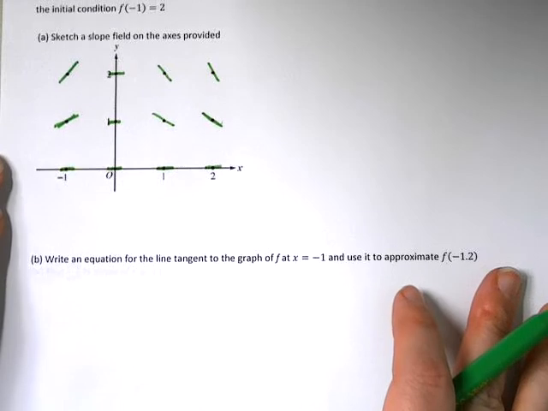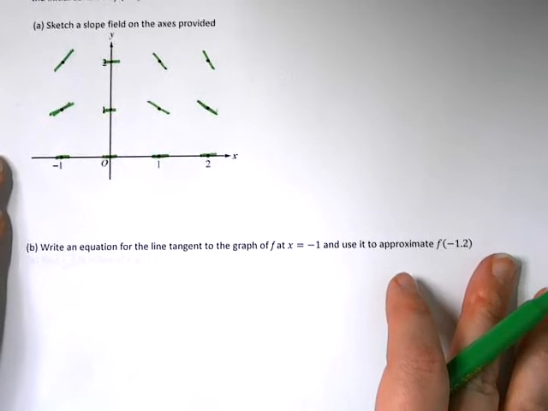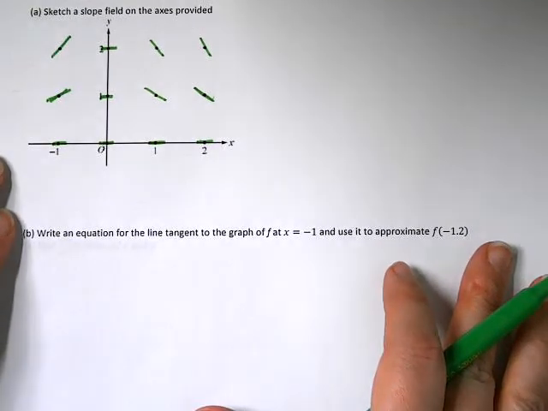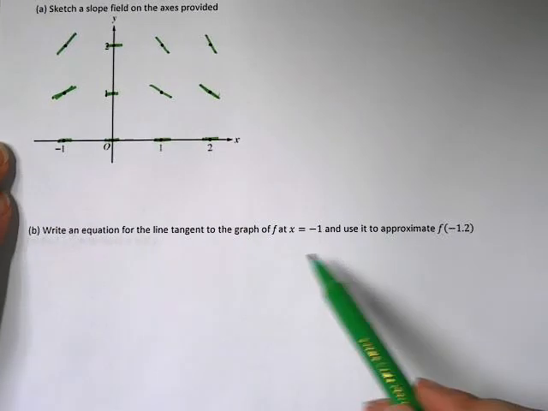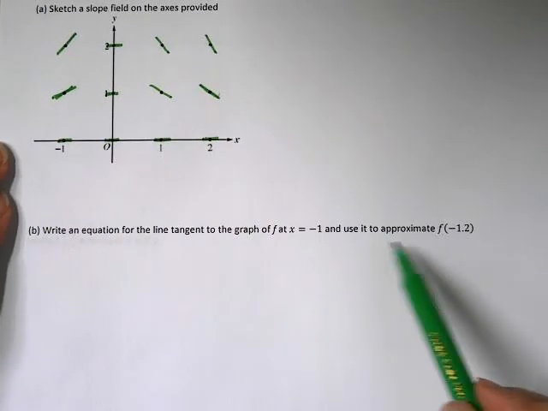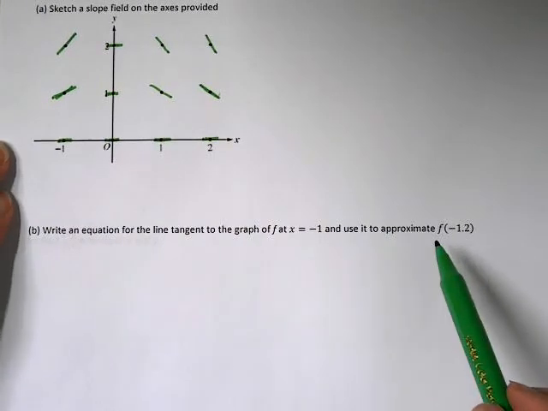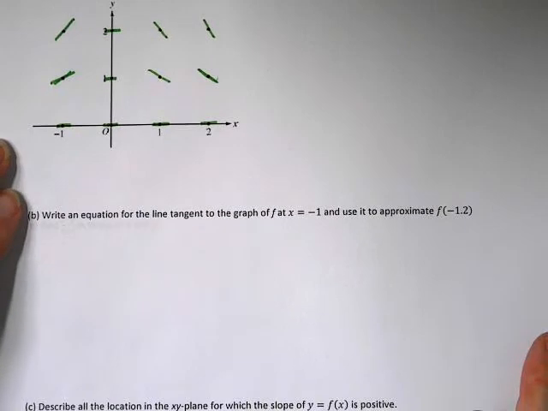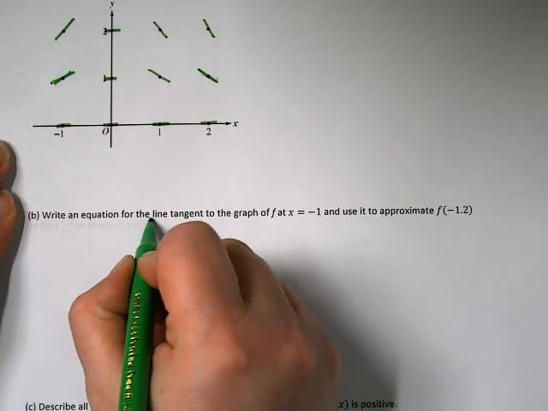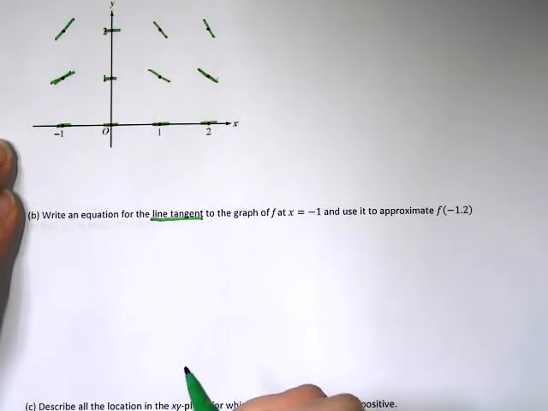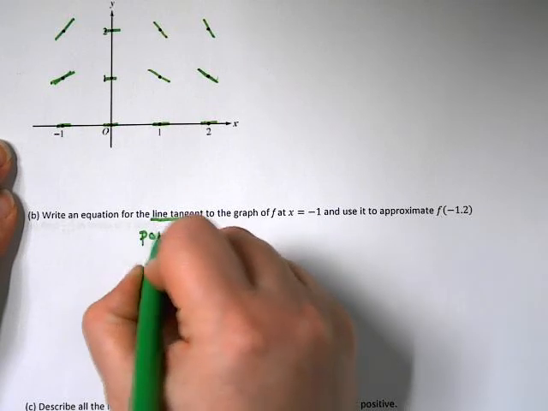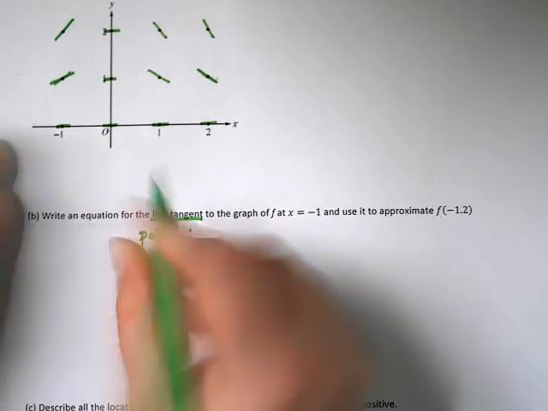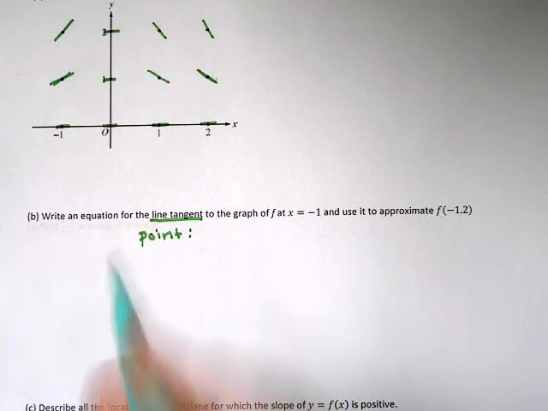So let's take a look at part B. Part B says write an equation for the tangent line to the graph of f at x equals negative 1 and use it to approximate f(-1.2). The first thing we need to remember is that if we're trying to write the equation of a tangent line, we need two things. We need a point, and we need the slope.